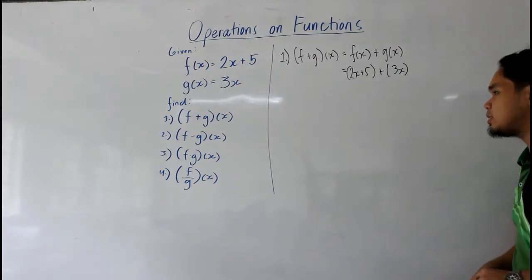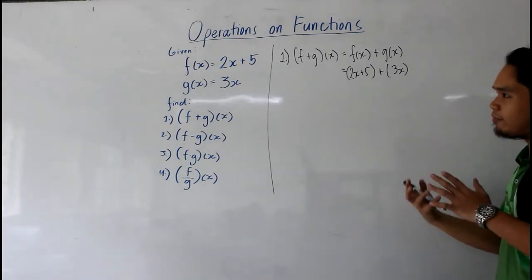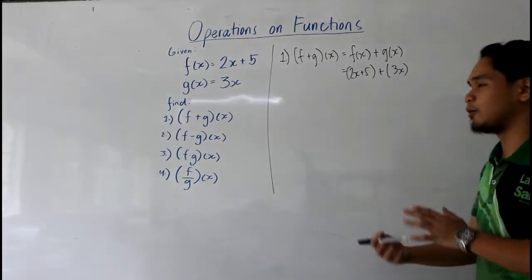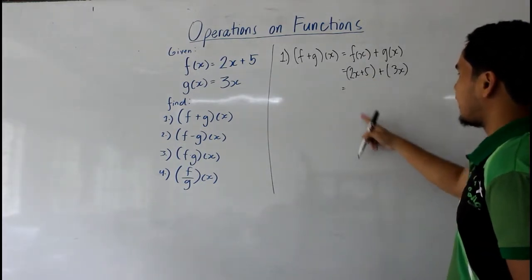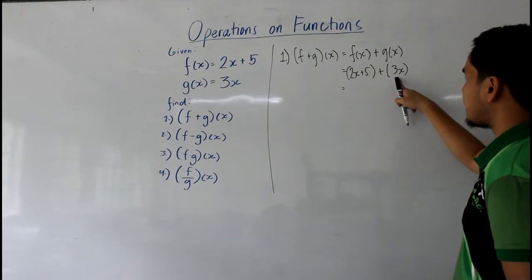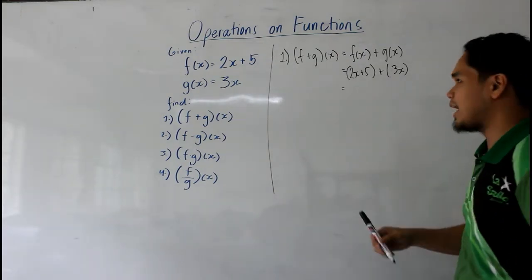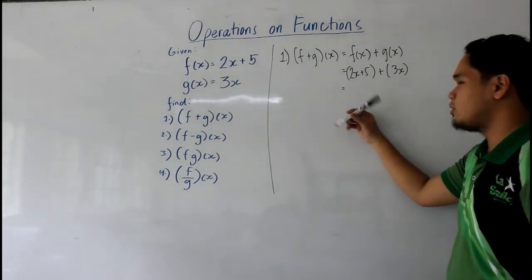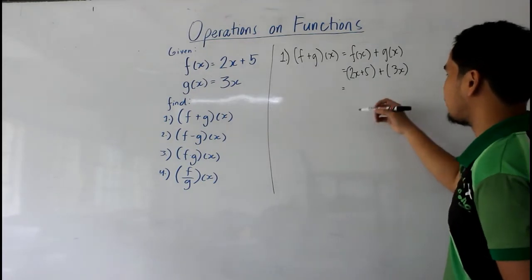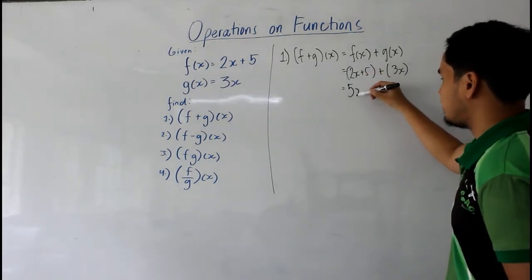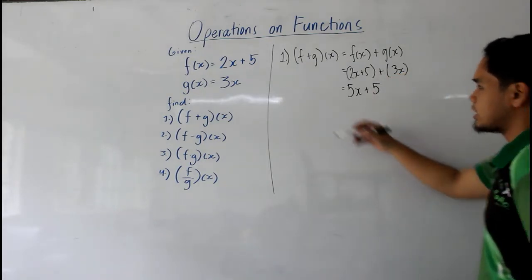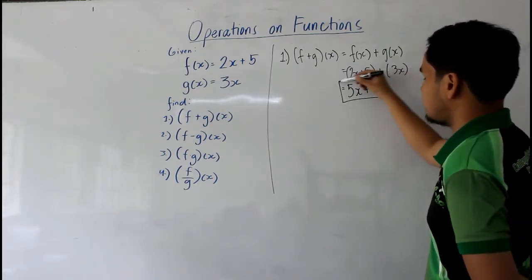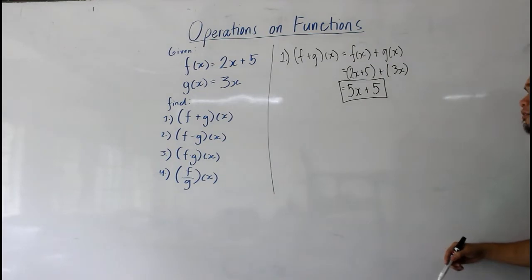After the substitution, if we can simplify or combine like terms, we should. Here, we can see the 2x and 3x are like terms, since they both have a variable x with degree 1. So we can combine 2x and 3x, which will show us 5x plus 5. So this is our answer for number 1: 5x plus 5.